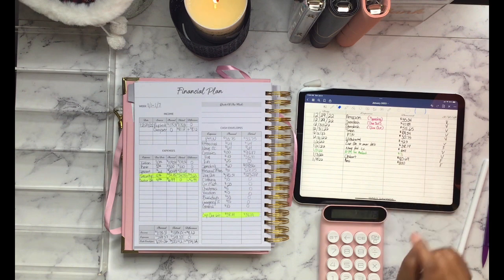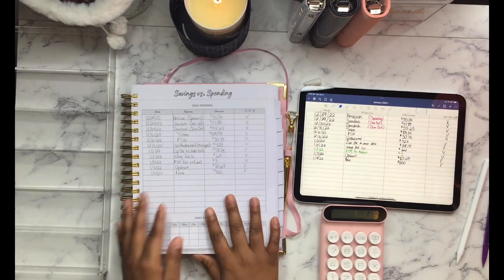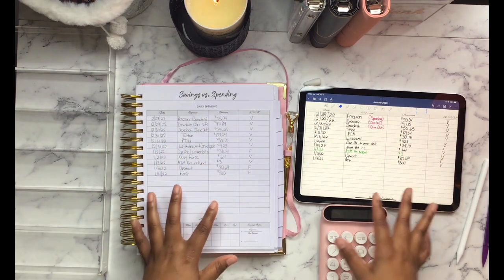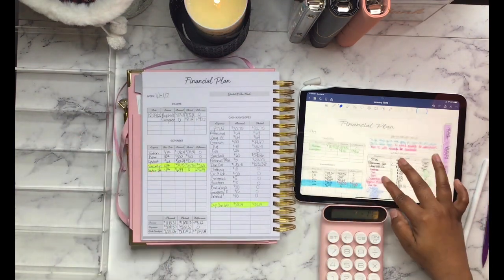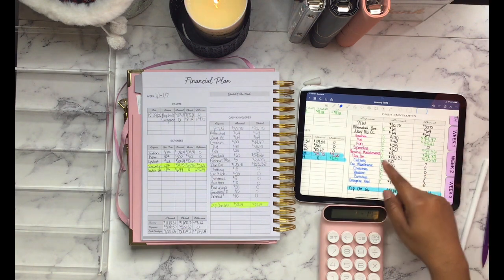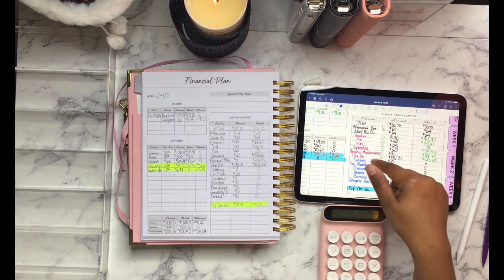I put $423 because that's what actually came out of my bank account. And the same thing here. It's the paper version. I keep track of everything here. These are only bank account expenses. And here is where I calculate how my bills are allocated, how the amounts to my sinking funds are allocated, and my weekly variable expenses.